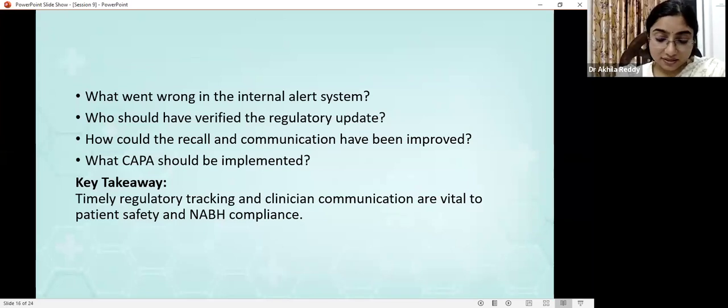The regulatory pharmacist is not alert on the latest guidelines. Who is taking care of all the guidelines on a day-to-day basis? What went wrong is that the pharmacist was not alert to the latest guidelines and did not check those guidelines, and that is the reason this drug recall was not communicated.